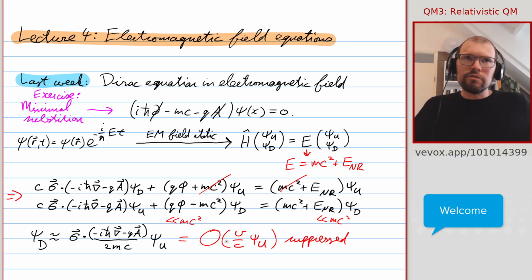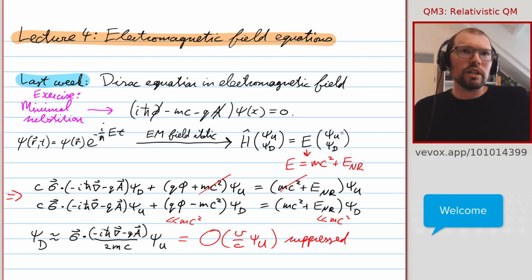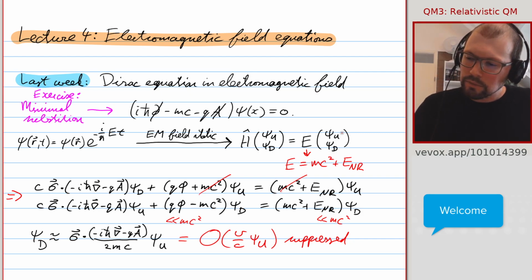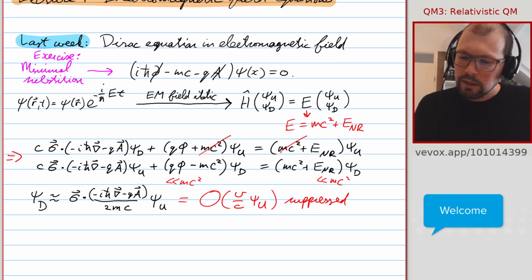So clearly, if you have very slowly moving particles, the two top components are the ones that you would usually see, and you would think of the lower ones as vanishingly small. But this is not entirely true.